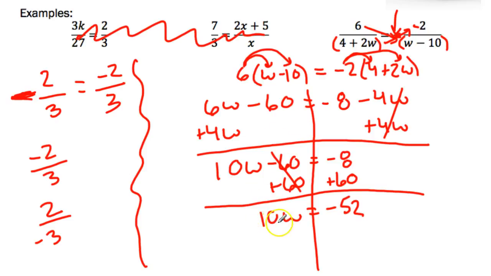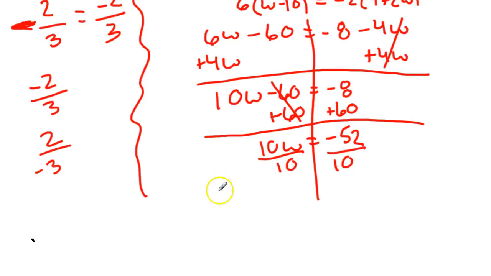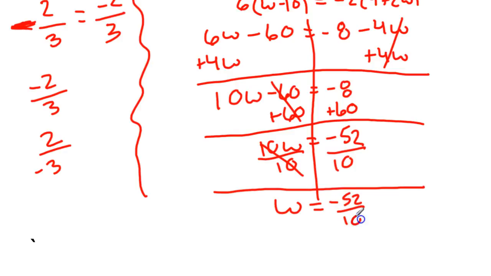Now to get the w by itself, I divide by 10. I divide this by 10. Draw this line again. These cancel, I'm left with w, and that equals negative 52 over 10.